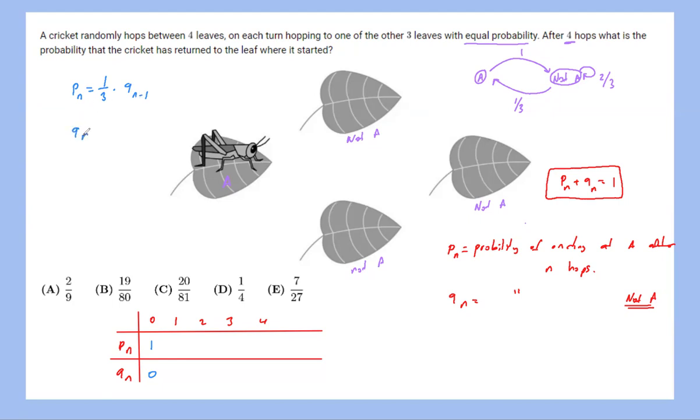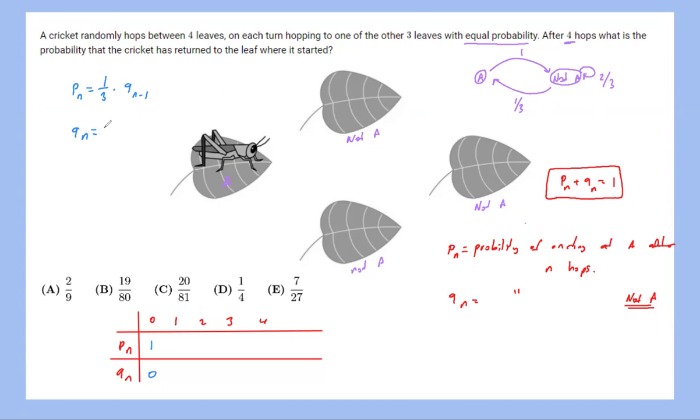And then Q of n is equal to, which is basically the probability of ending at one of those not A's. There are two cases in this case. If your previous hop was A, then you are going to be 100% ending at not A. Or if your previous hop was also another not A, that means you have a 2/3 possibility you are still going to end at this not A position.